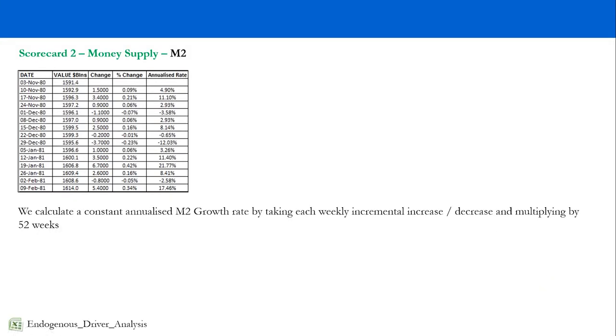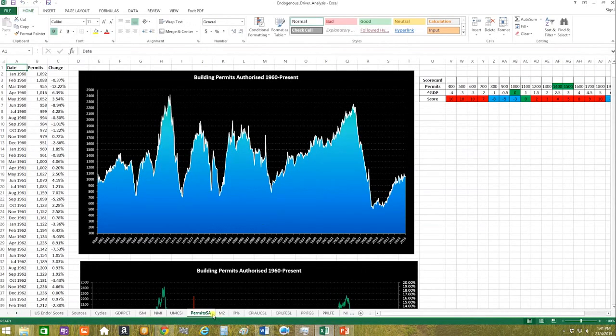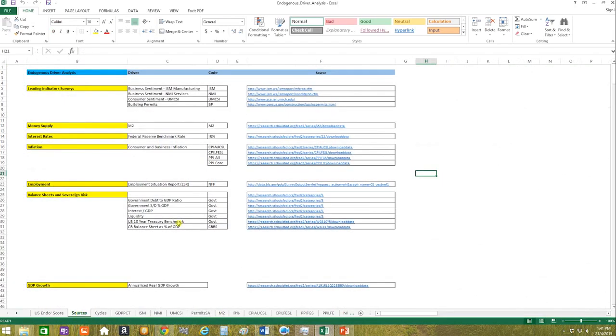Now we're going to look into this a little bit deeper with an example from the endogenous driver analysis spreadsheet. So if you have been to the download section, downloaded that, let's go over to the spreadsheet here. We'll move out of the permits section, and we'll be in the M2 section in a second, but let's have a look in the sources tab.